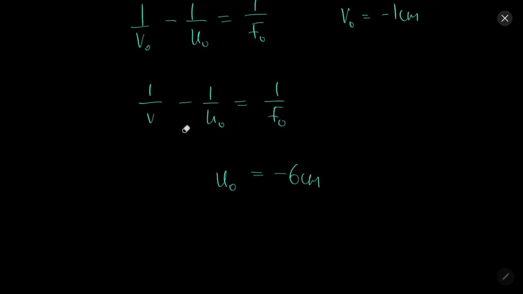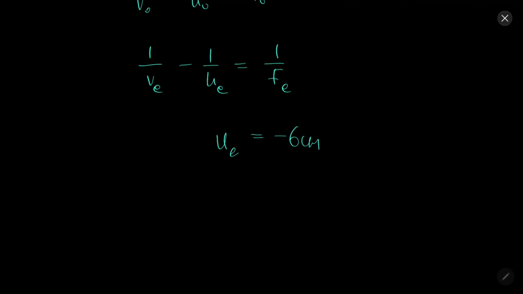So ultimately the separation of lenses will be UE minus VO, which will be 6 minus 1, 5 centimeter.